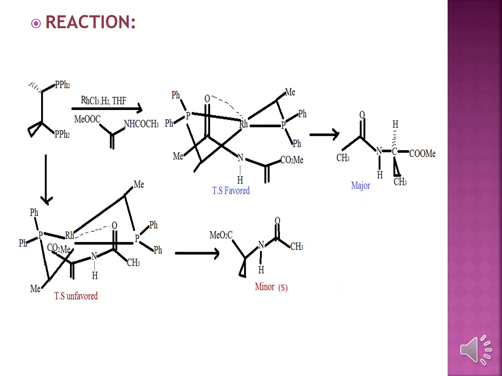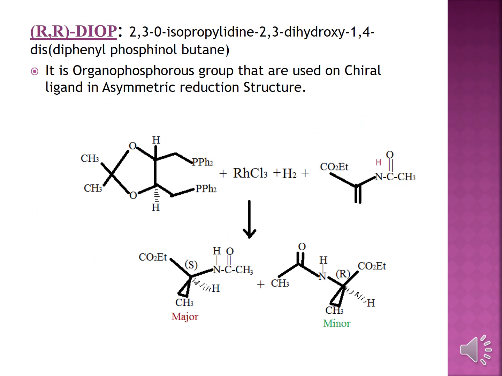And then moving on to the next, RR-DIOP. DIOP. This is also known as 2,3-O-isopropylidene-2,3-dihydroxy-1,4-bis(diphenylphosphino)butane.